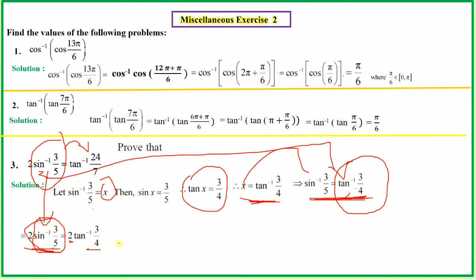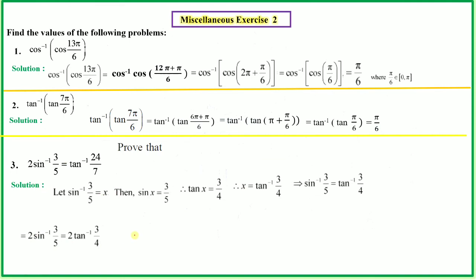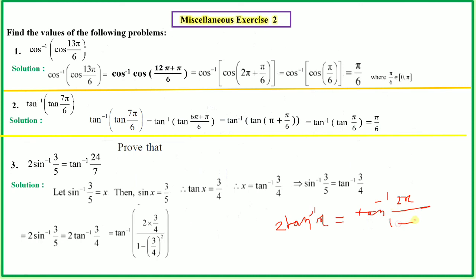So it is 2 tan inverse 3 by 4 equals tan inverse, and I am going to use the formula 2 tan inverse x equals tan inverse 2x upon 1 minus x square. Now what is x? We have 3 upon 4.